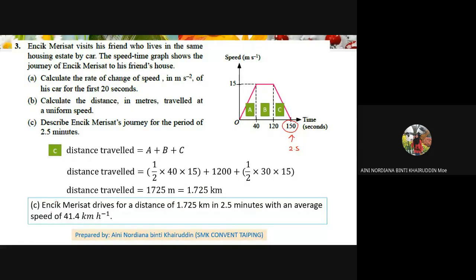So you can say that Encik Merisat drives for a distance of 1.725 kilometer in 2.5 minutes with an average speed of 41.4 kilometer per hour.